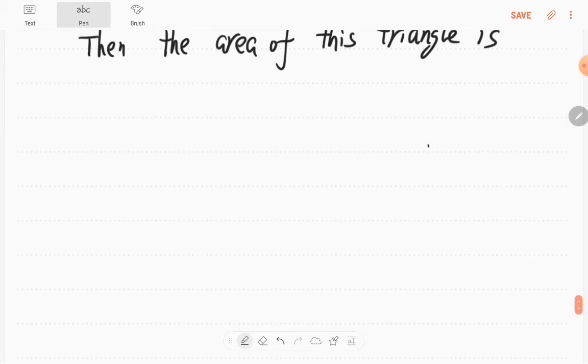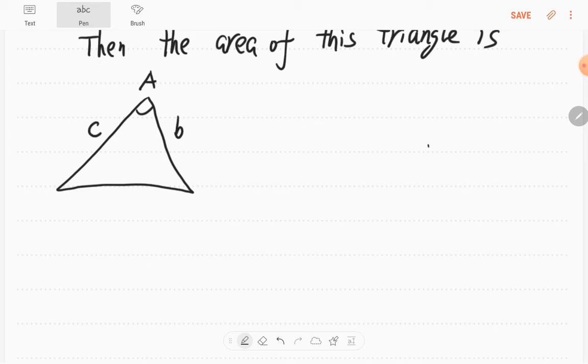If we know side A, angle A, and, for example, side B and side C, then the area is equal to 1/2 times B times C times sine A.